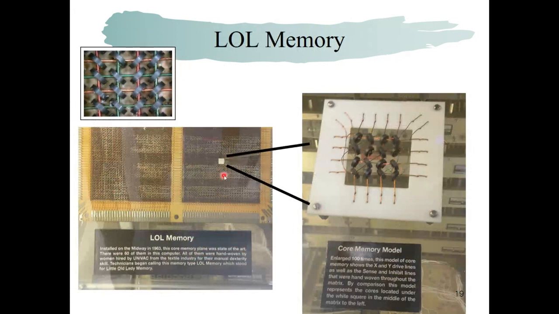Also, another name for this type of memory is LOL memory. LOL means little old lady, because when people made this kind of memory, it was made by hand. Ladies sat down and made such memory by hand.